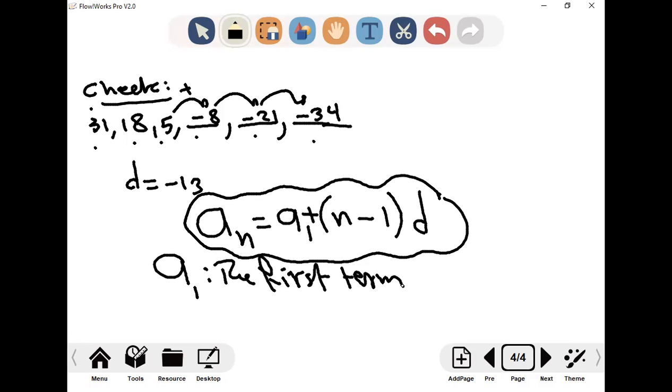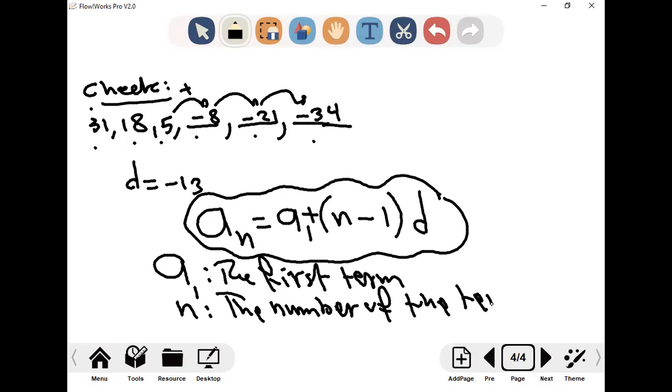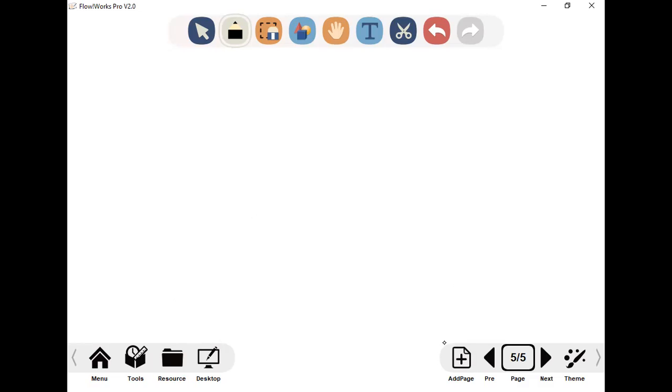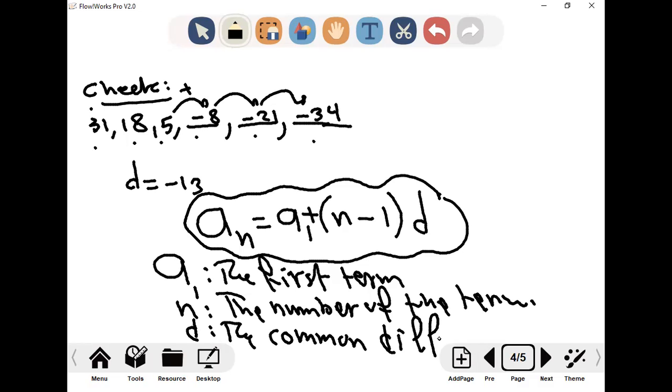N is the number of the term which we want. Yani, if I want term number 20, then n equals 20. Term number 7, then n equals 7. D we know; D is the common difference, right? The common difference.